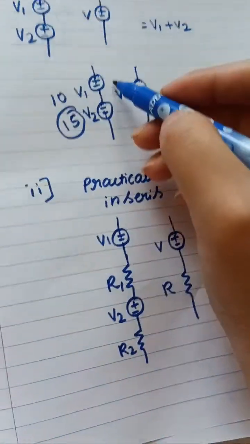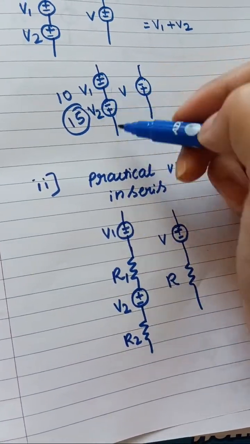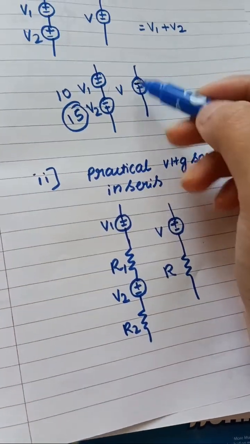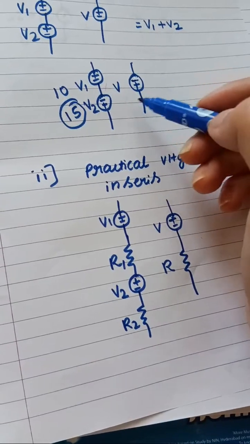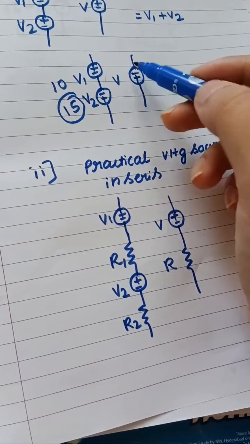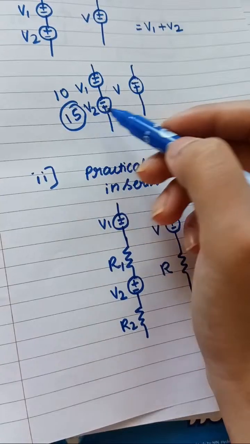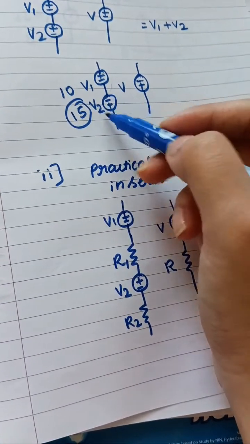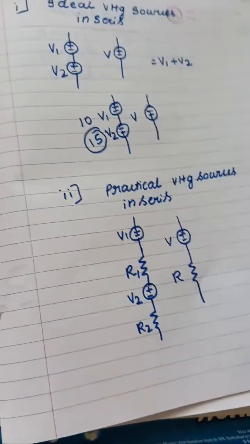For voltage I told you that if the polarities are different, it goes according to the polarity whether you have to add or subtract, and the highest one decides. Like voltage V2 is 15, which is the highest, so the highest voltage polarity we are taking. In the same case, it takes place for the currents also.